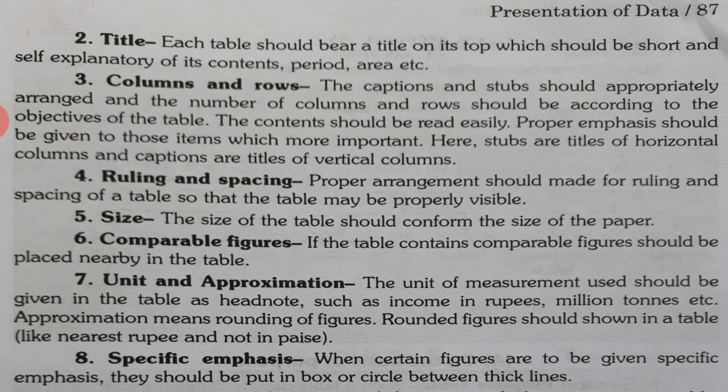How many columns and how many rows should the table have? It should be according to the objective for which the table is being made. Number of horizontal columns, number of vertical columns, like that. Point number 4: it must have proper arrangement for ruling and spacing of a table. It means a proper gap should be there so that it becomes easily visible and readable.